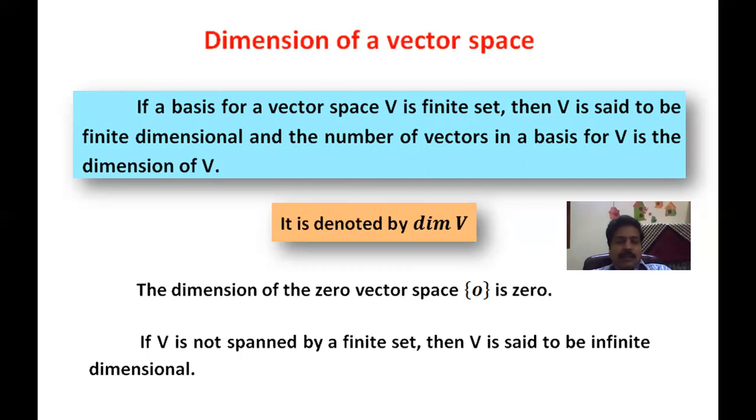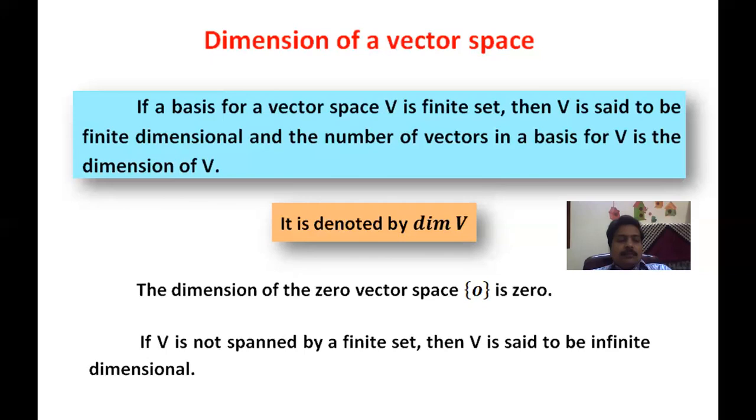One, it is linearly independent, and second, it can span the entire vector space V. So if the basis contains an infinite number of vectors, then we can say that V is an infinite dimensional vector space.